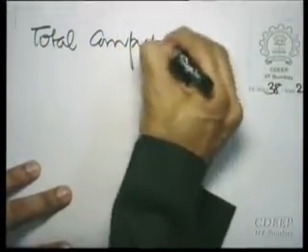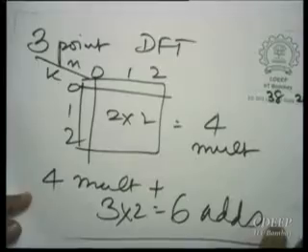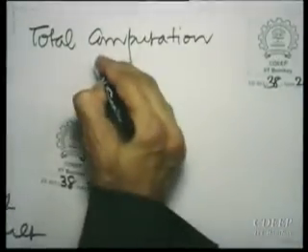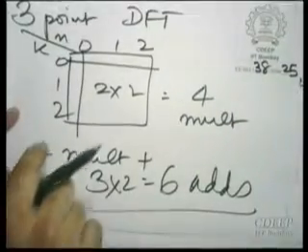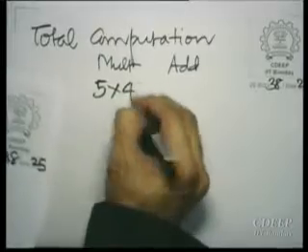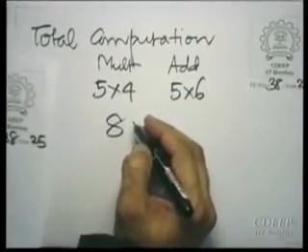And therefore, in total, the computation that we have, you see, let's go back, you had 5 3-point DFTs. So multiplies, adds, 5 into 4, 5 into 6. Then there are 8 multiplies in the point-wise step.